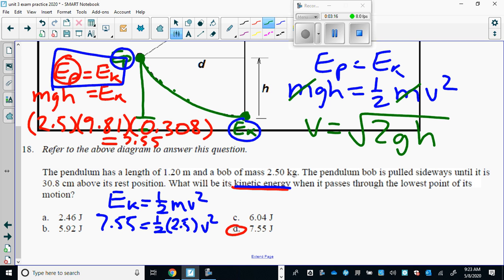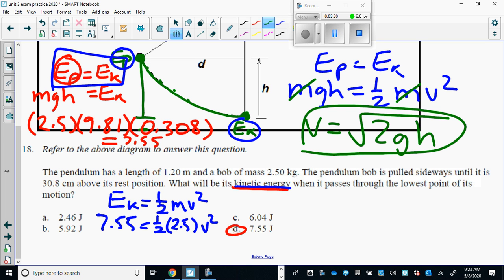And you just get that. If you solve for velocity, you just get velocity equals the square root of 2gh. So if they're asking you for velocity, you can do it both ways. They're both going to give you the same answer. But this is a very efficient way to solve this problem because, as I said, the mass becomes irrelevant and you're left with just the square root of 2gh.